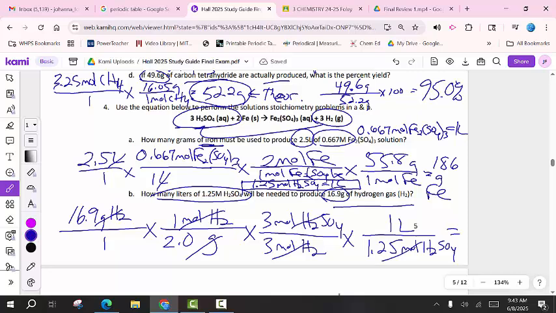The question asks for how many liters it would be. So 16.9 divided by 2 times 3 divided by 3, which doesn't do anything. I'm going to divide by 1.25 and I get 6.76 liters as my answer. Again, molarity is an equivalence between moles and liters, and you want to use that as a conversion factor.